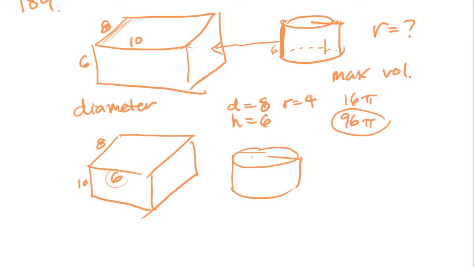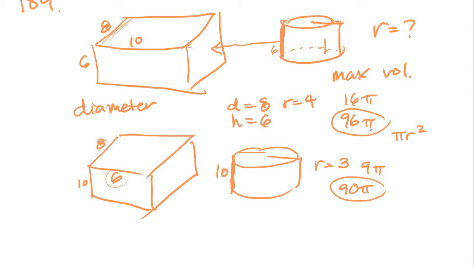So the diameter would be 6, the radius would be 3, and the height would be 10. We plug the radius into pi r squared to get the area, and we get 9 pi times 10. That's going to be 90 pi. So that's actually smaller.